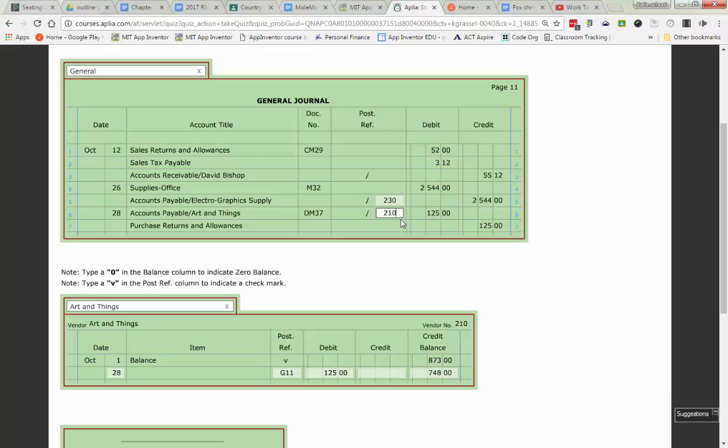One of the confusing things that happens with our general journal is, do you notice how this is much wider now than it was originally? Later on in this chapter, I'm going to have to post these lines with the slashes twice. Once to the accounts payable, and then once to Electrographic Supply.